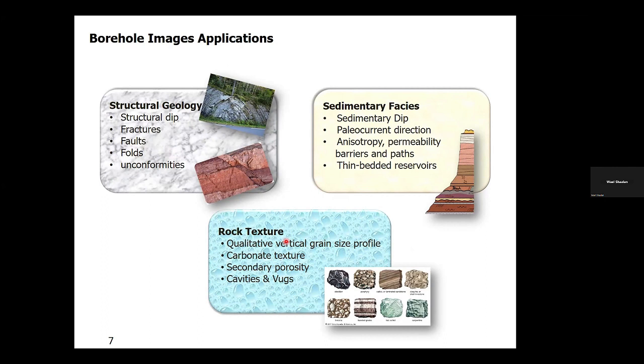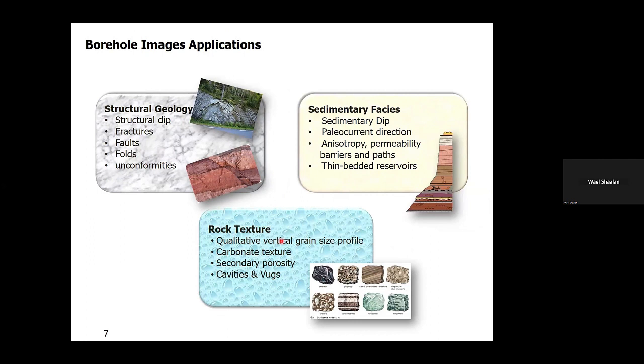So, jumping into rock texture. As with core-like facies, a borehole image can give us a lot of information about the texture itself, like grain size, internal lamination, and diagenetic elements like vugs, secondary porosity, caves, and solution channels.